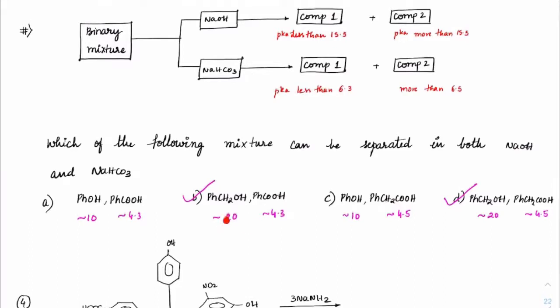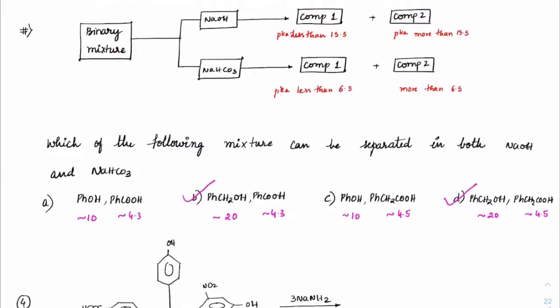This pK value is 20, this is 4.3. So when you add it to NaOH, since one of them has pKa less than 15.4, only this gets dissolved and this won't get dissolved. So it is like compound 1 will be a filtrate, compound 2 will be a precipitate.